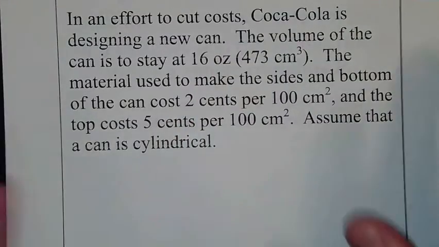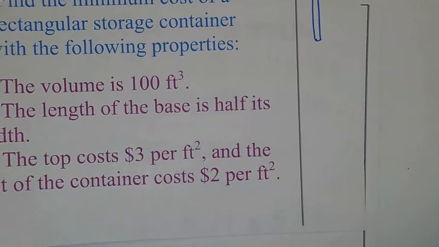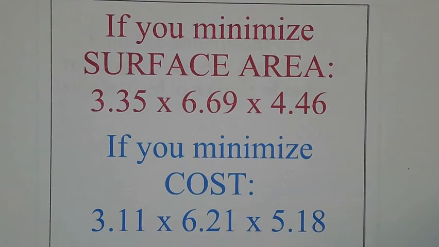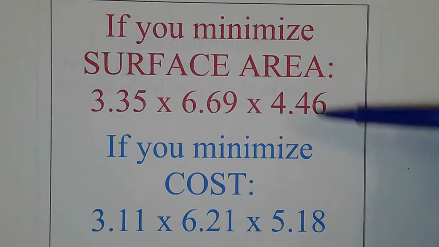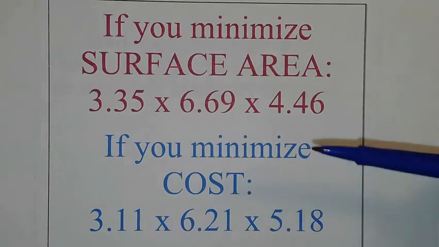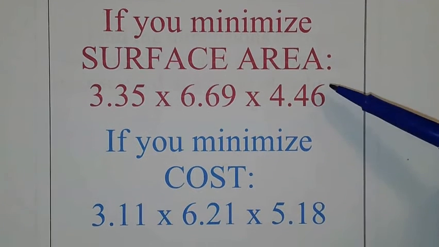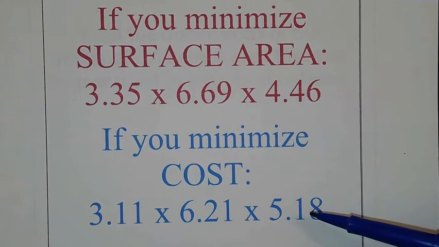Now, I'm going to spoil the end of this problem and just show you, if we were to minimize the surface area and do this exact same problem with the exact same criterion, I've got the set volume, the base is half of the width. These are the dimensions that we would get. If I minimize the cost, which we're about to do in just a moment, you see that it's not a huge difference, because the difference in cost between the top and the rest of it wasn't gigantic, but it was enough that there is a noticeable difference between the dimensions that I find if I minimize the surface area and if I minimize the cost.